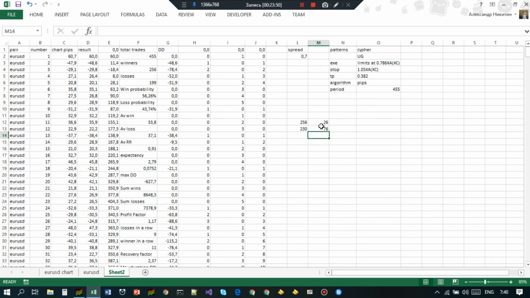Okay, so now let us find how many times we prevented ourselves from losses. So the total times of cutting loss minus those times that we were actually cutting our winners, and it says that in 50 times we cut our loss, and 26 times we cut our wins.